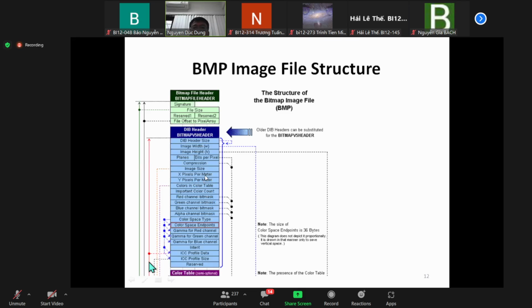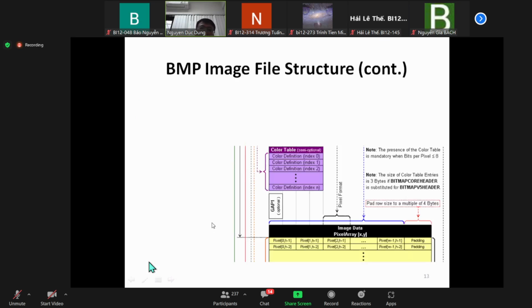It stores information about, for example, the resolution of the image in dots per inch, and many other things. After all the metadata, the raw data begins. The image data will start from this location. That's the structure of a bitmap file.